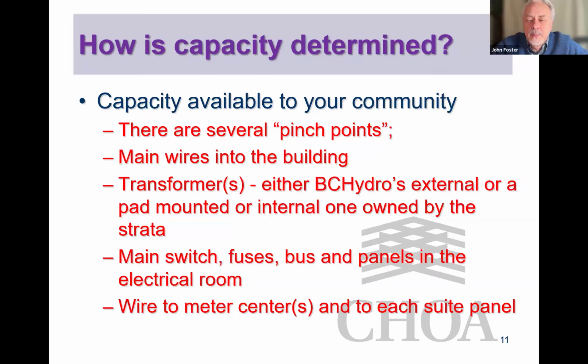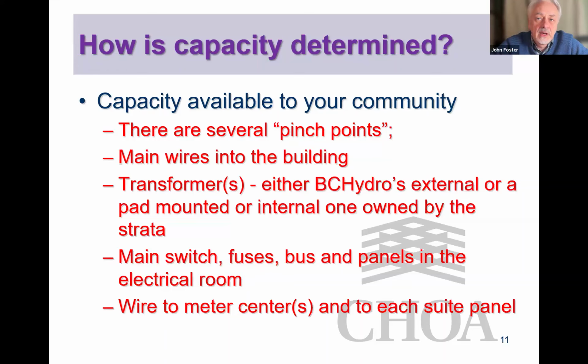So when we're determining capacity here in the communities, there are several different places. Townhomes are quite different from apartment buildings, but in all cases, there are several places where you might have capacity restricted.